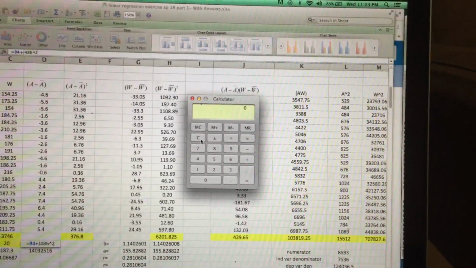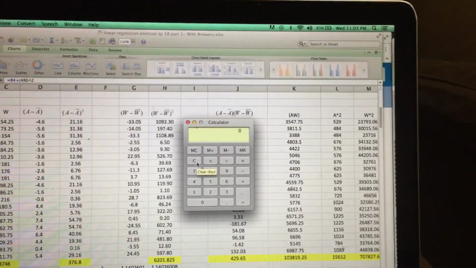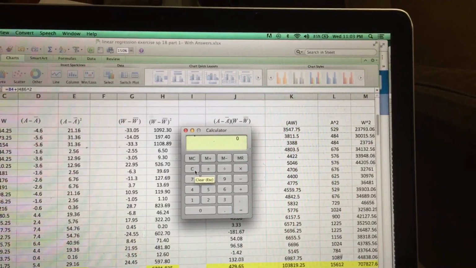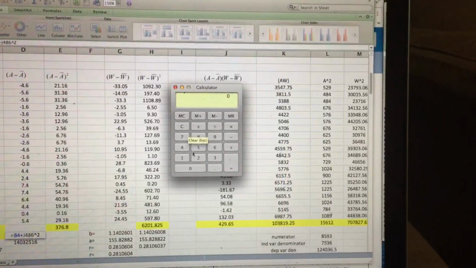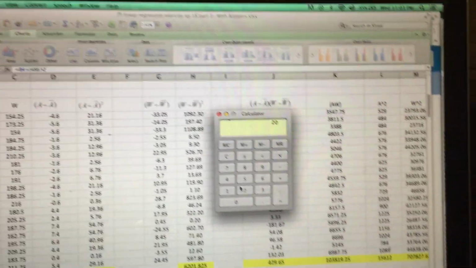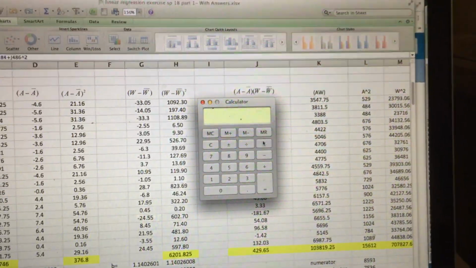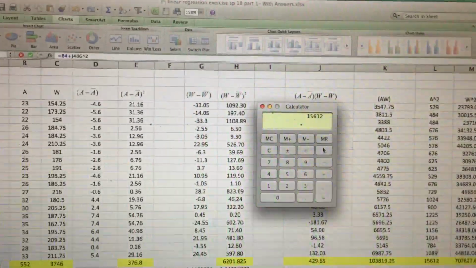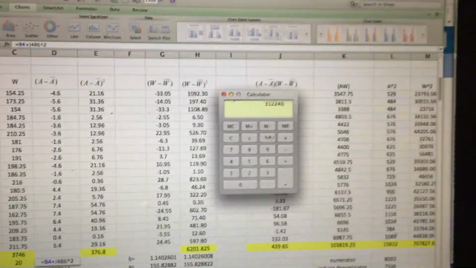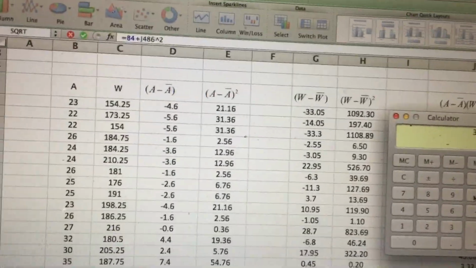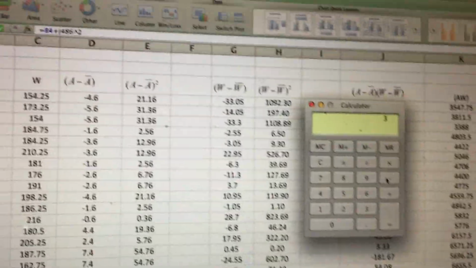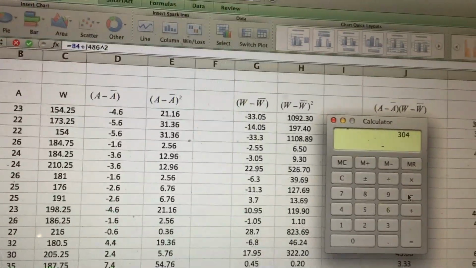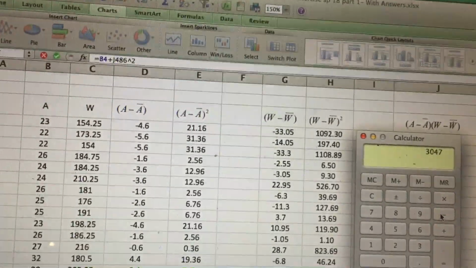Then I'm going to take, or maybe I'm supposed to do the 20 first. Hold on. 20 times, if I do order of operations, yeah, 15,612, then equals, oh yeah, and then I minus the 304,704.